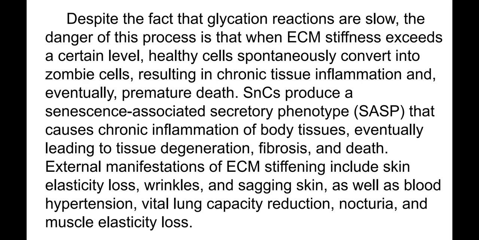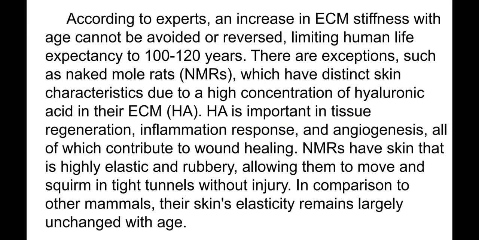Senescent cells produce a senescence-associated secretory phenotype, SASP, that causes chronic inflammation of body tissues, eventually leading to tissue degeneration, fibrosis, and death. External manifestations of extracellular matrix stiffening include skin elasticity loss, wrinkles, and sagging skin, as well as blood hypertension, vital lung capacity reduction, nocturia, and muscle elasticity loss.